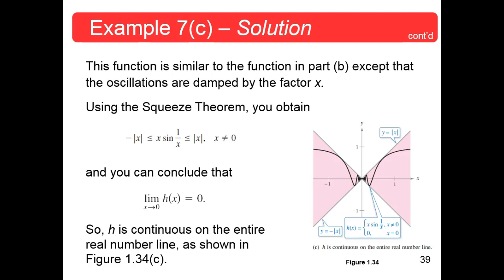So this will be whatever value it is, times something between plus or minus 1, because sine is always between plus or minus 1. So this part over here is always less than or equal to this. This part over here is always greater than or equal to that. And because this is minus absolute value of x, and there's positive absolute value of x, then it squeezes down at x equals 0, even though it's not defined there.